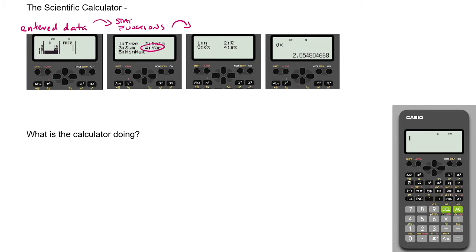Option 4 gets us to some of our important measures. So here is our standard deviation. For the data that I had entered previously, this becomes my standard deviation.